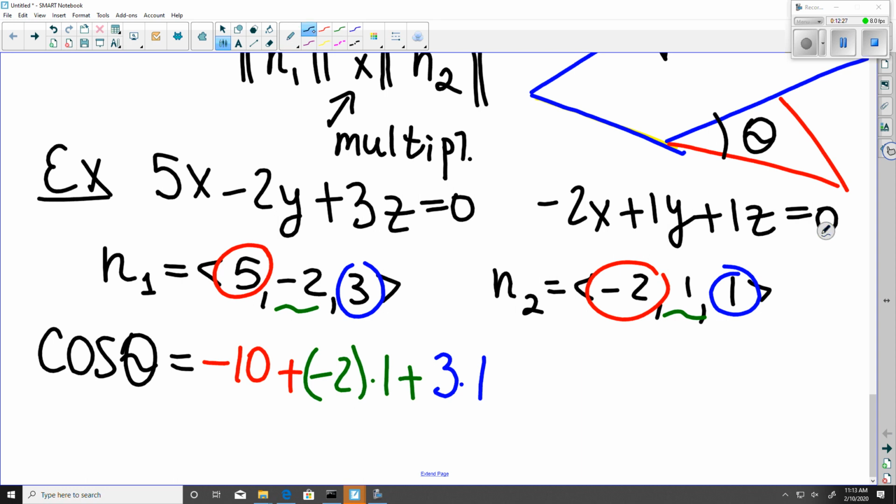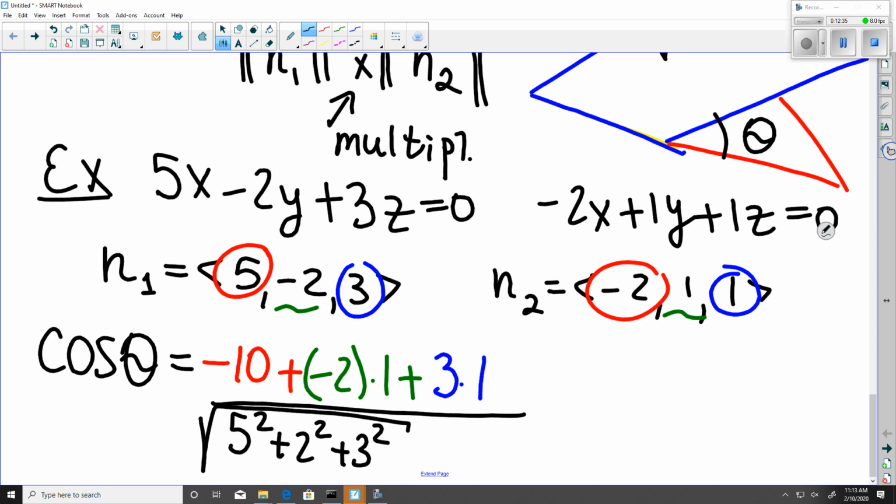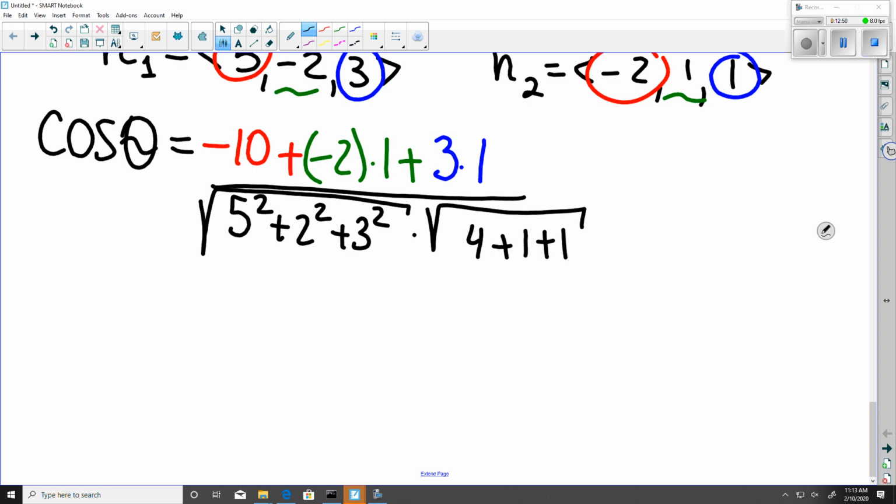On the bottom, magnitude of N1 is the square root of 5 squared plus 2 squared plus 3 squared, times magnitude of N2, 4 plus 1 plus 1. And if you can please tell me what is theta. Maybe I can just scroll down and tell me what is theta. Just put it in a calculator. Arc cosine, of course. Inverse cosine of whatever numbers you get here.